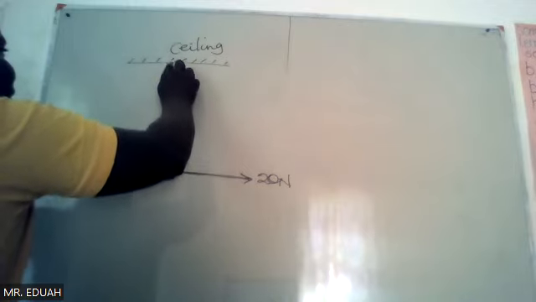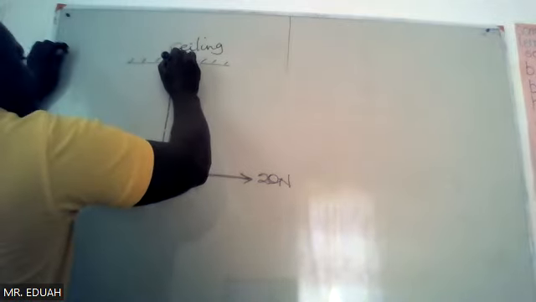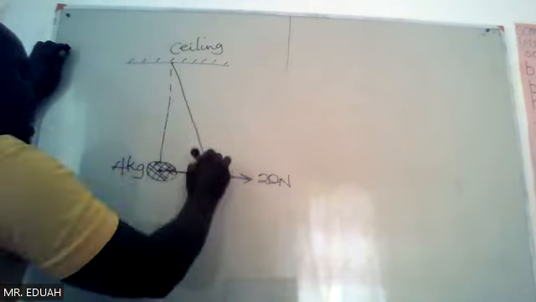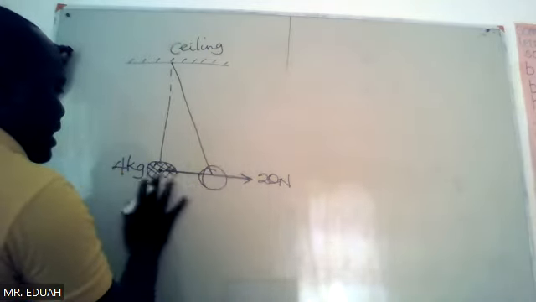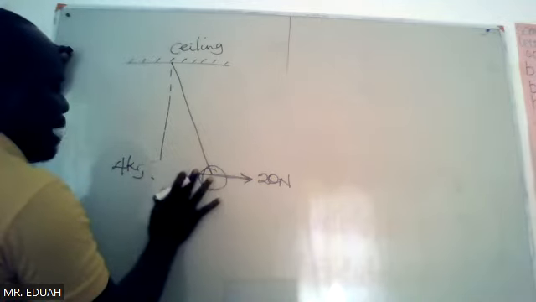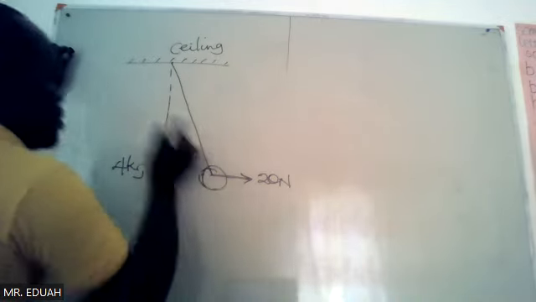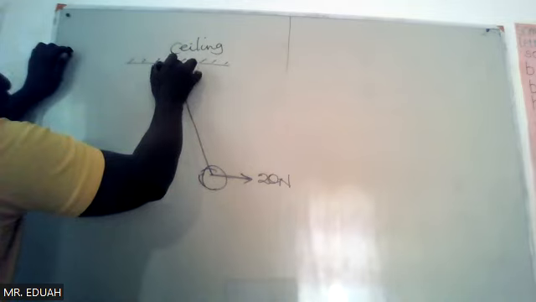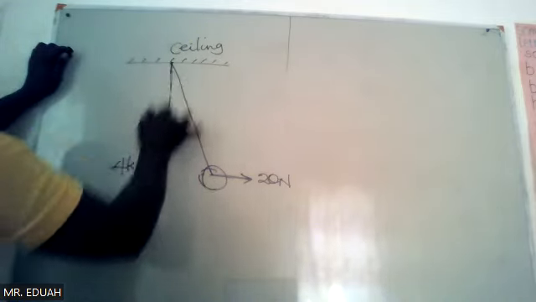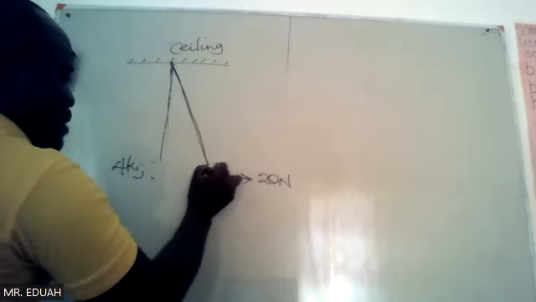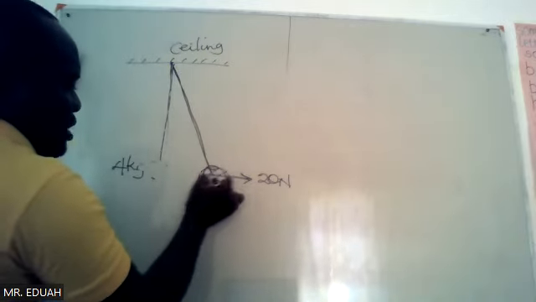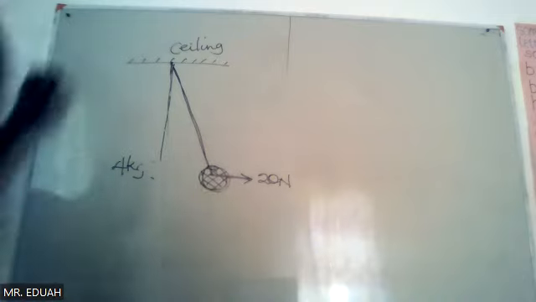The string now becomes something like this, and the mass will now be here because it is being pulled by a force. This is the imaginary vertical line, and this is the string after it is pulled by the horizontal force of 20 Newton.